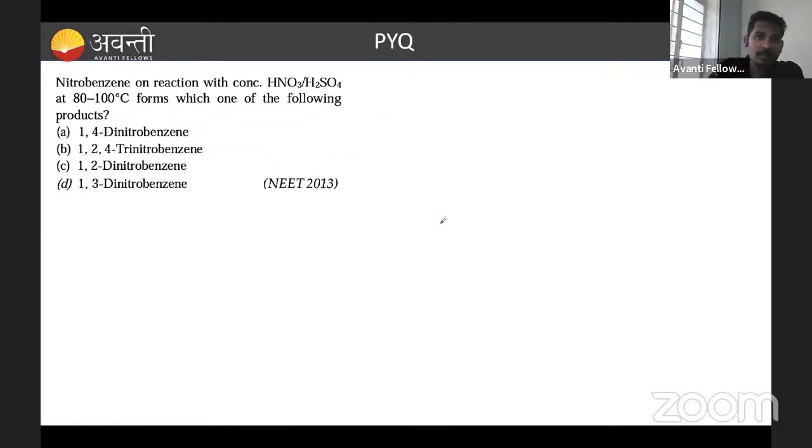Nitrobenzene reacts with HNO3 at 80 to 100 degrees Celsius to form the compound. Which is the product? We have nitrobenzene with HNO3, H2SO4. Which is the product we will get?